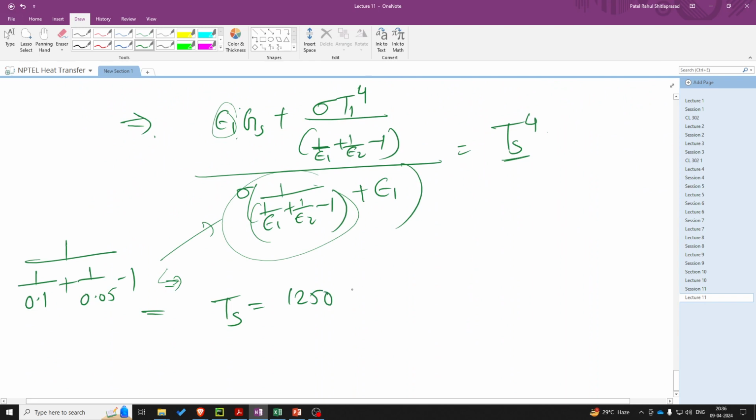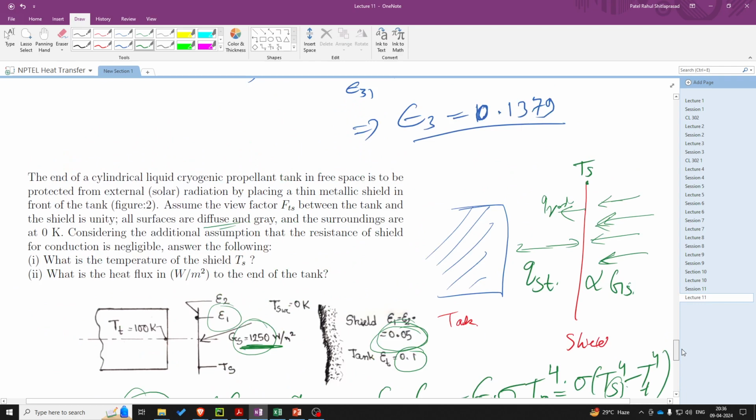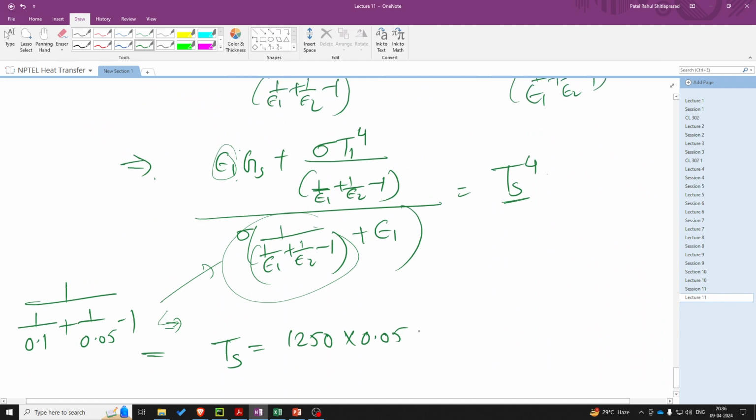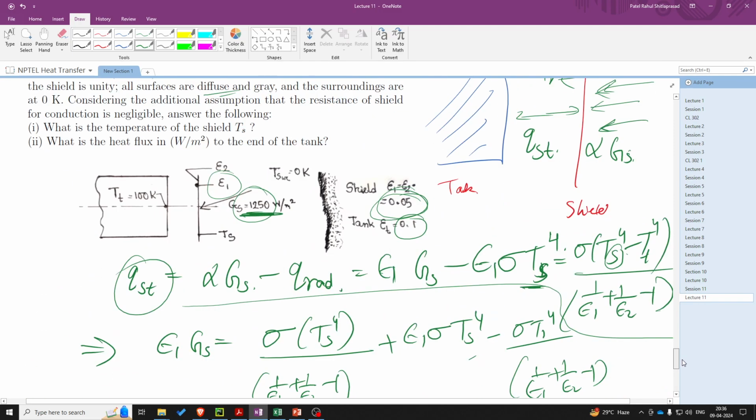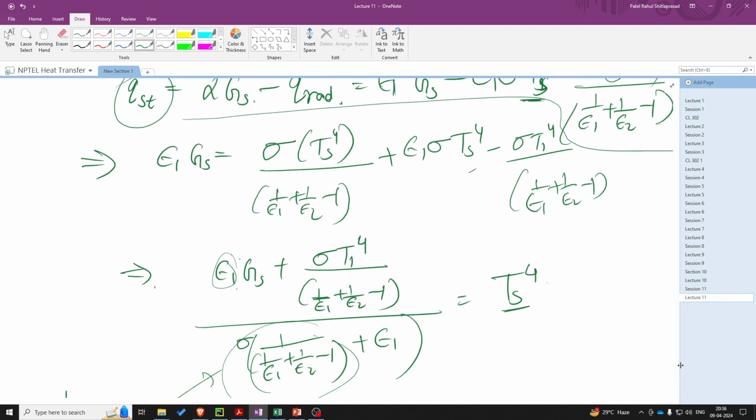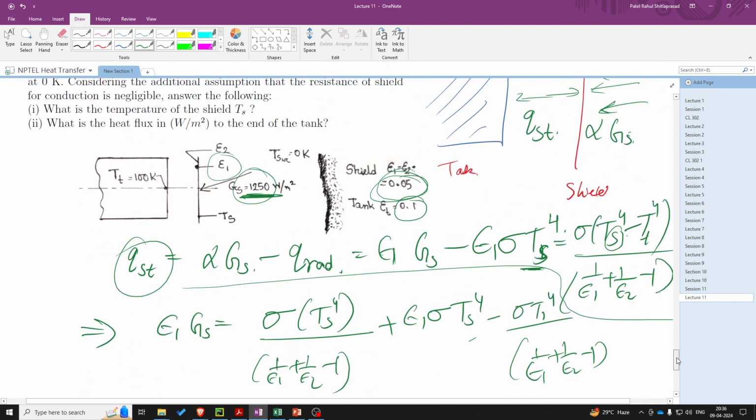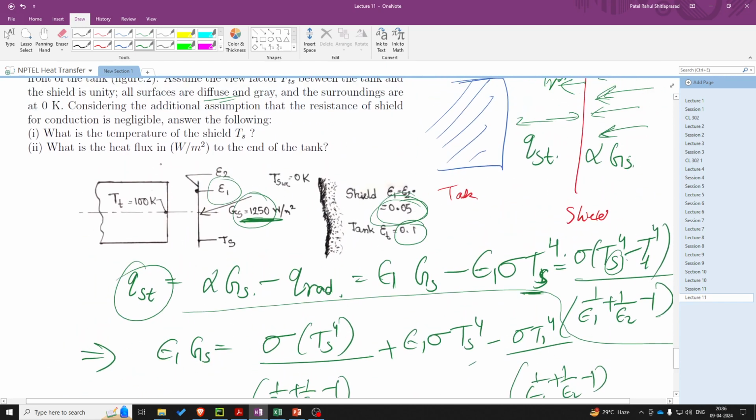That is 1250 into, sorry, 1 is 0.05 plus 5.67 into 10.